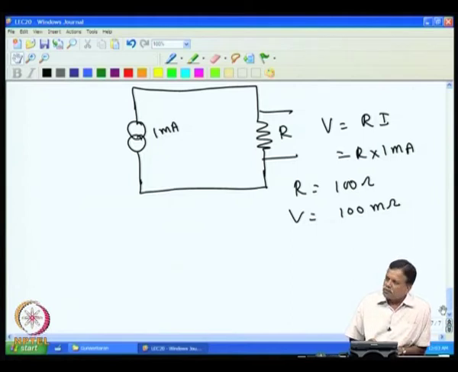It can deviate from our design values. For example, I designed the circuit for 1 milliampere current, the current should always be 1 milliampere, but the current will not be 1 milliampere at different temperatures.